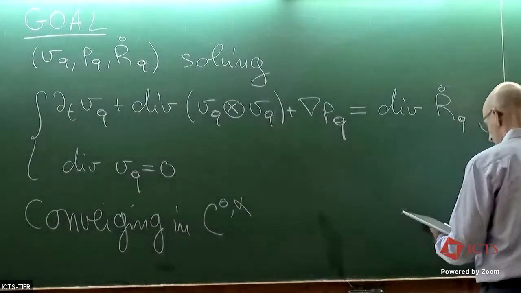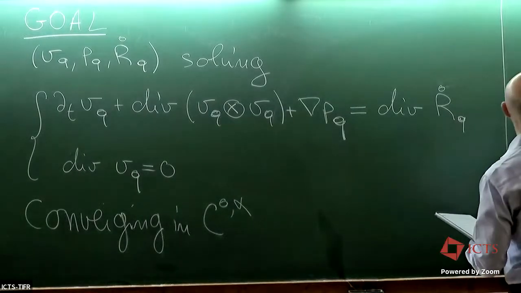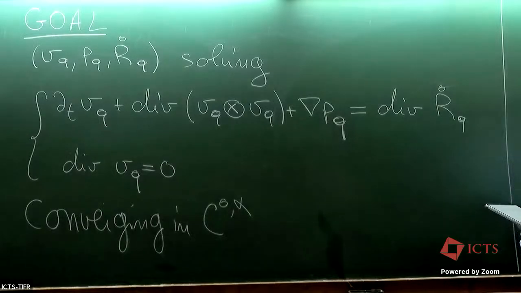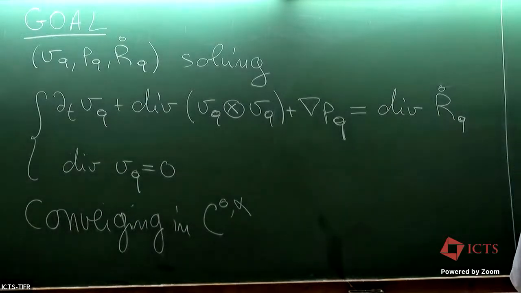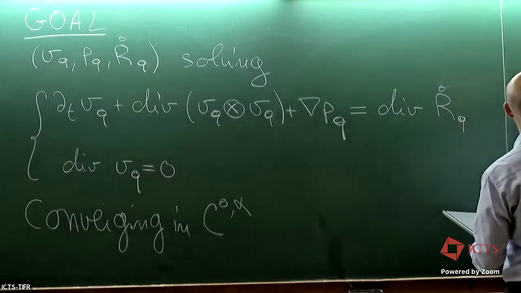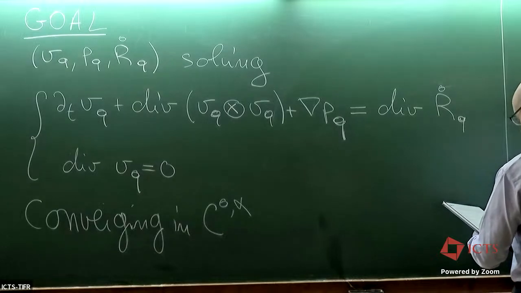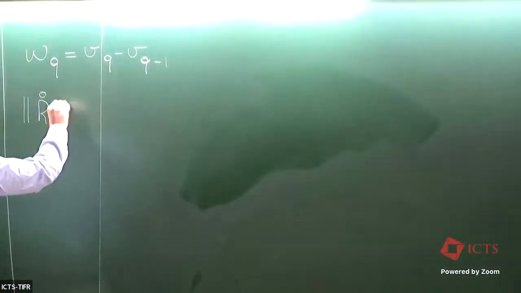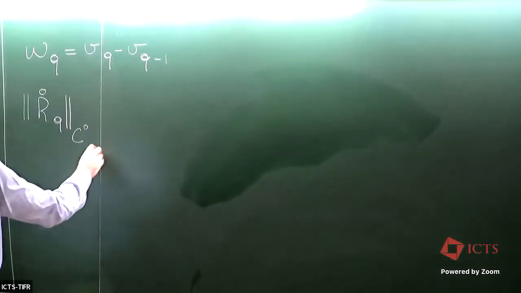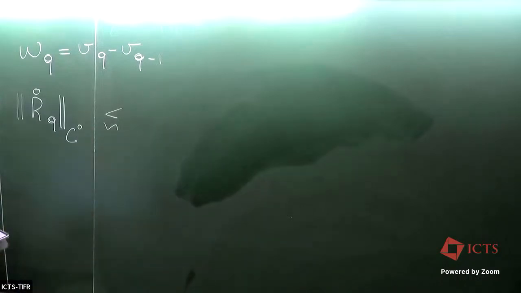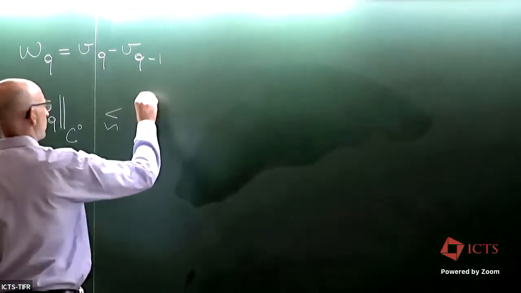Okay, so I'm going to call the difference between two consecutive iterates v_q minus v_{q-1}, I'm going to call it w_q, like it happened with Nash. So R̊_q in C^0, here I put this little twiddle, meaning that maybe there's a constant in the inequality.